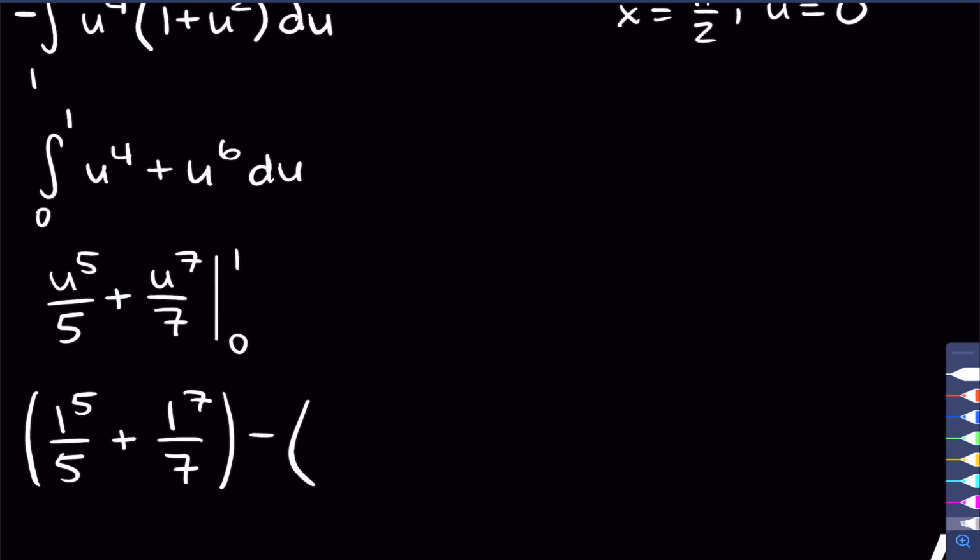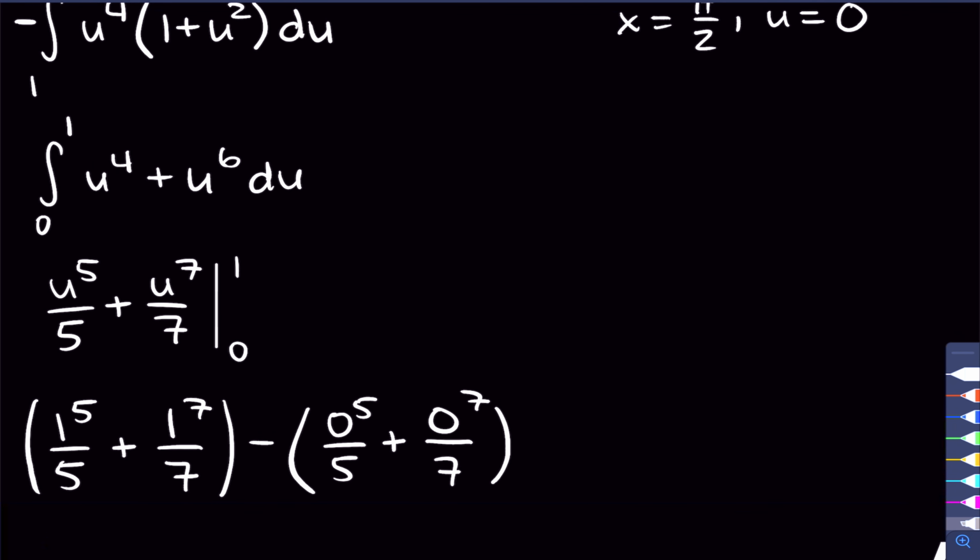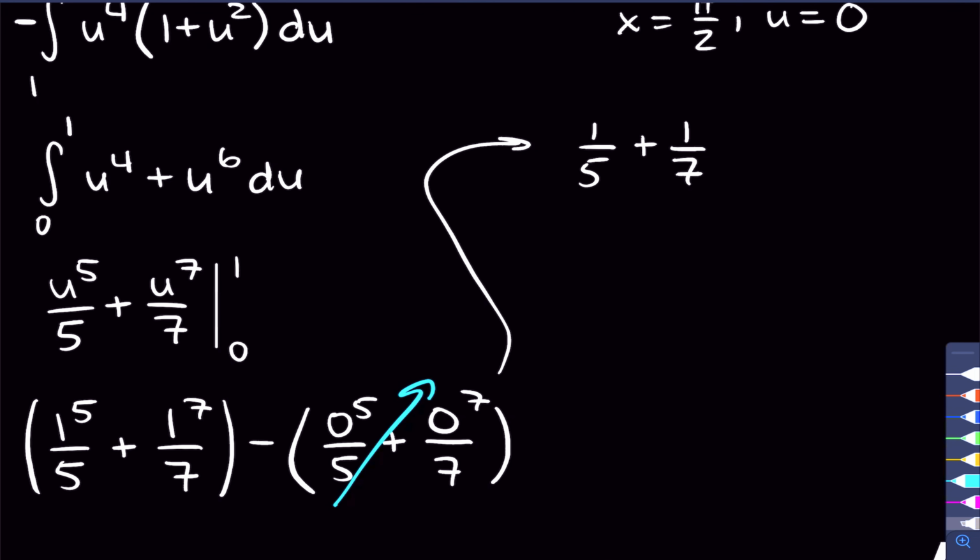And like I was just saying, that 0 is going to get rid of everything, because you're going to get a 0 to the 5th power over 5 plus a 0 to the 7th power over 7. And we know that 1 to the 5th power is 1, and 1 to the 7th power is 1. So this entire thing simplifies to 1/5 plus 1/7, where this entire second piece goes to 0, because you get a 0 over 5 plus 0 over 7.